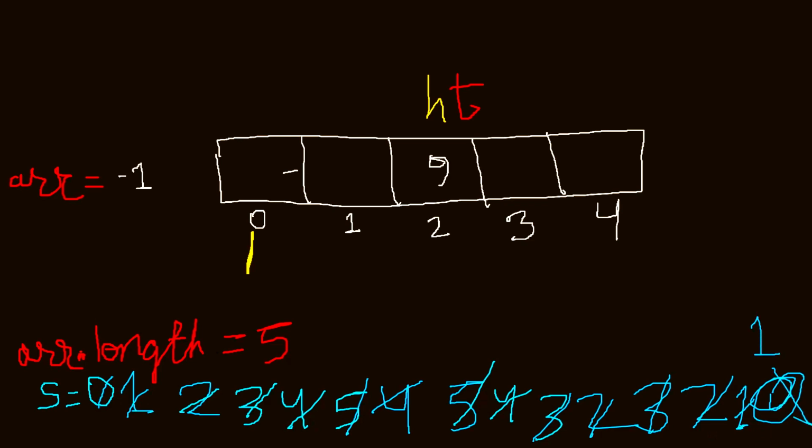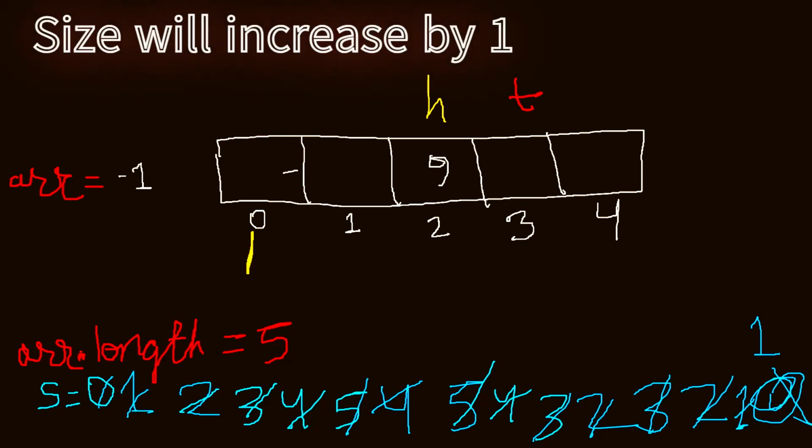Okay, now again we will perform enqueue. See here, enqueue performed, remove the previous tail, insert a new element 10. Again we perform enqueue. So again the tail will come over here.